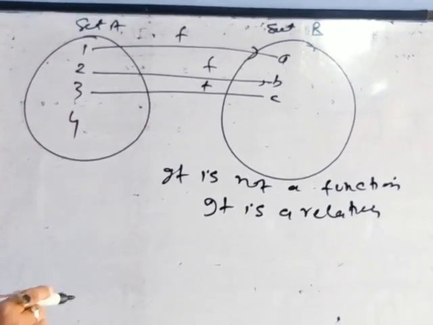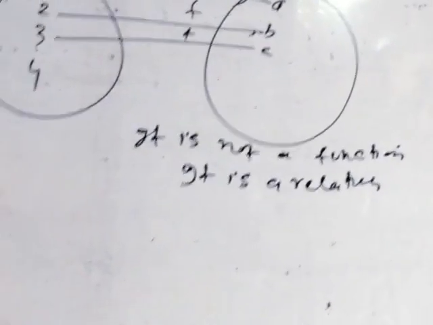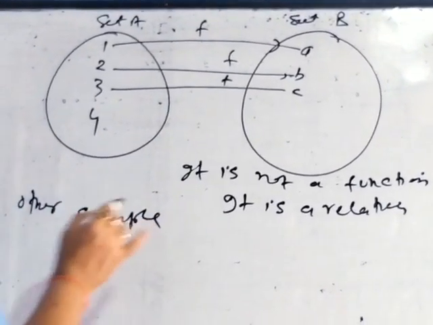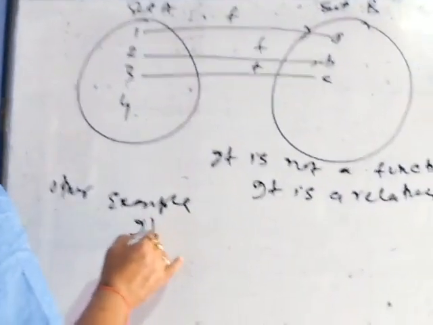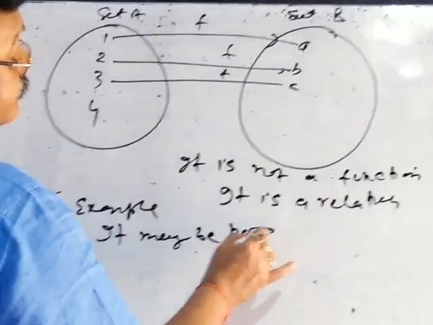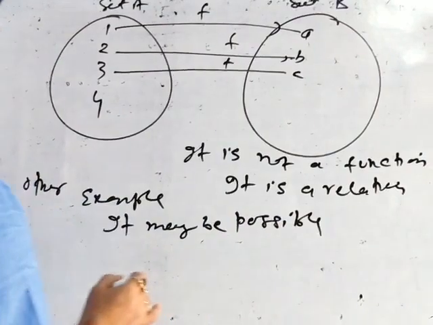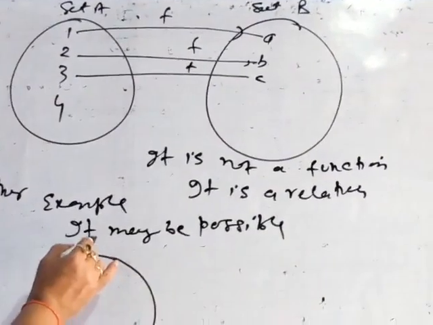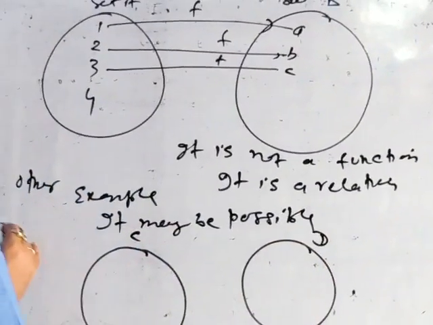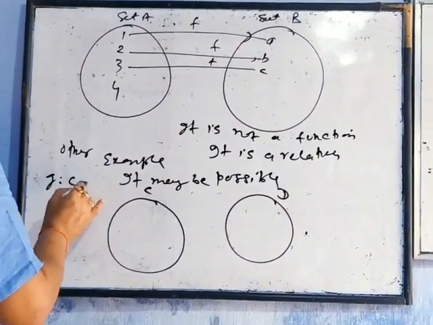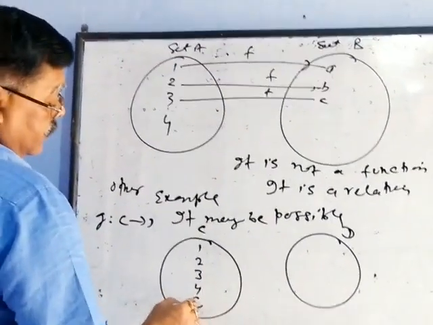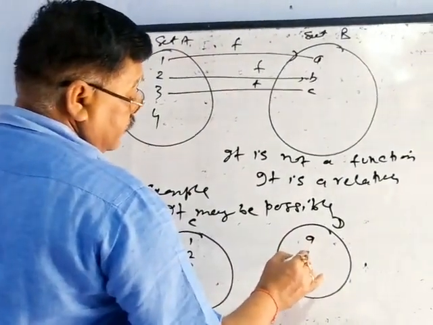I am taking other examples. Other example, students, it may be possible that there is a function g from C to D, where C has elements 1, 2, 3, 4, 5, 6 and D has elements a, b.